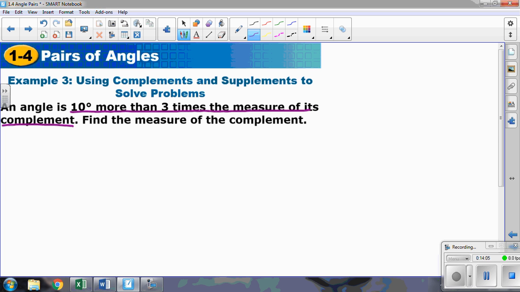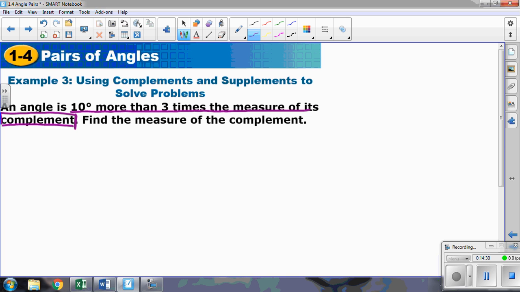Okay, so how can we start putting these pieces together? Do you remember solving systems of equations in Algebra 1? We could create a system of equations here. In particular, since we're looking at complementary angles, what is the fact that we know about complementary angles?